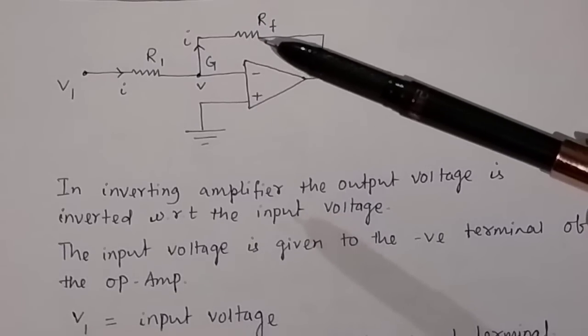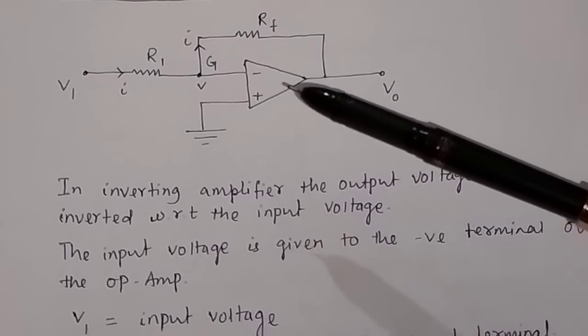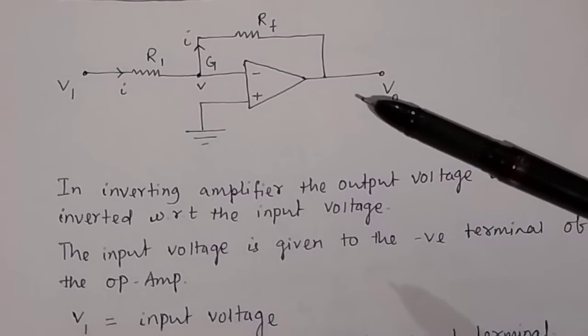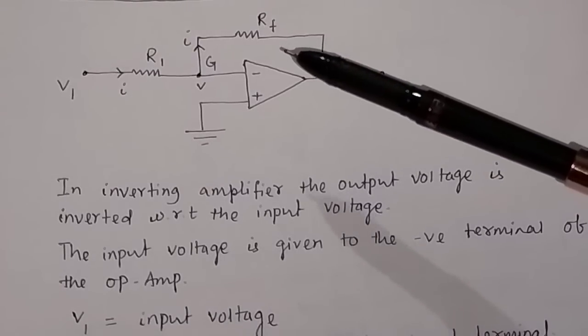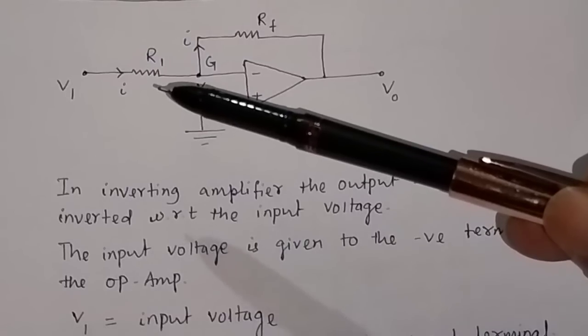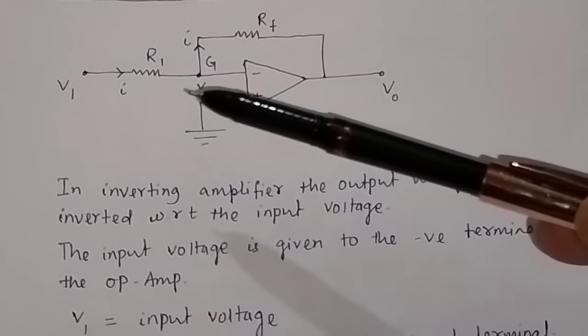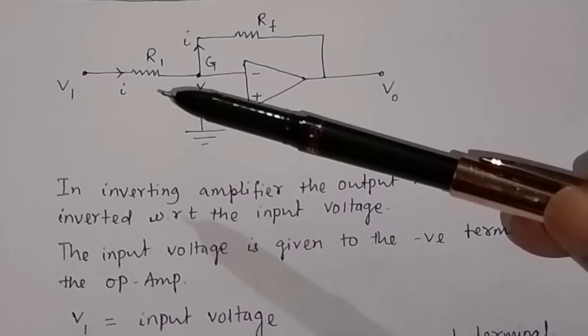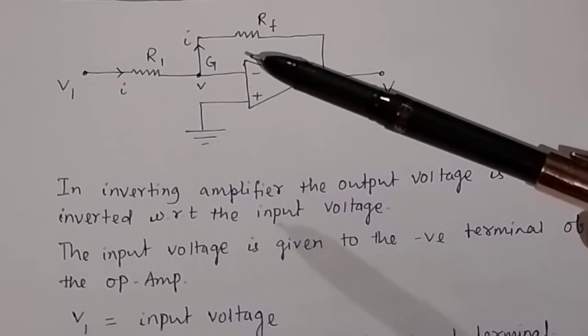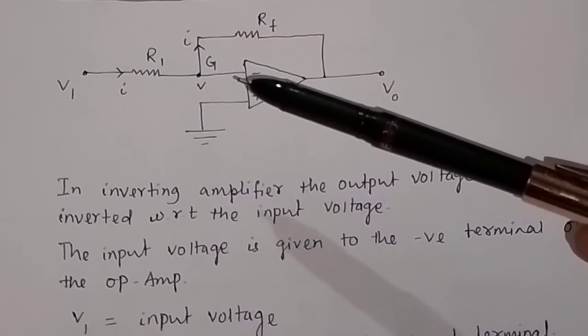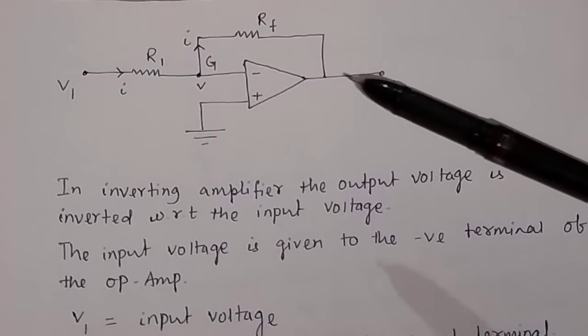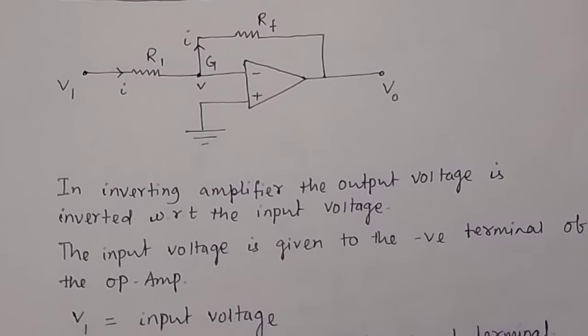It is equal to V minus V0 divided by RF. So the current through the input resistance is V1 minus V divided by R1, and the current through the feedback resistance is V minus V0 divided by RF.